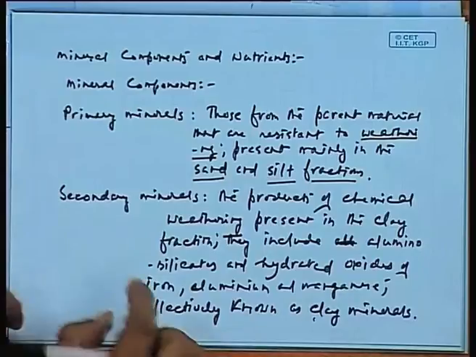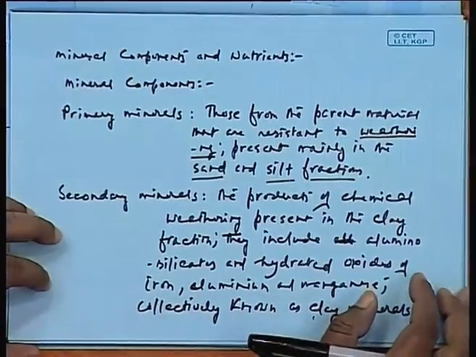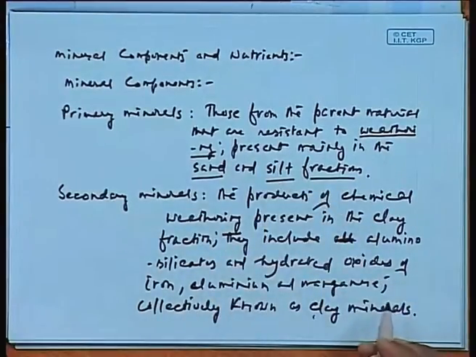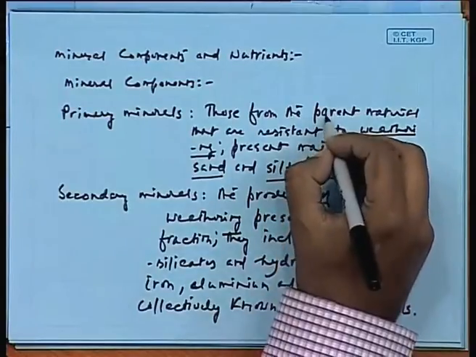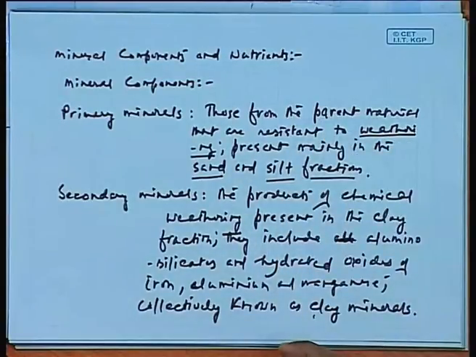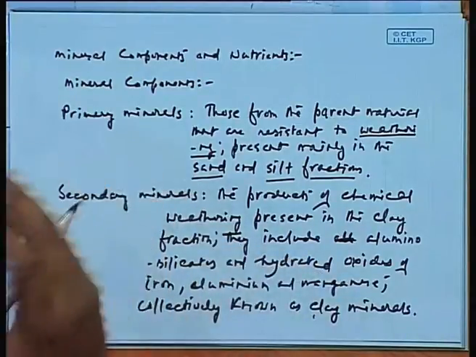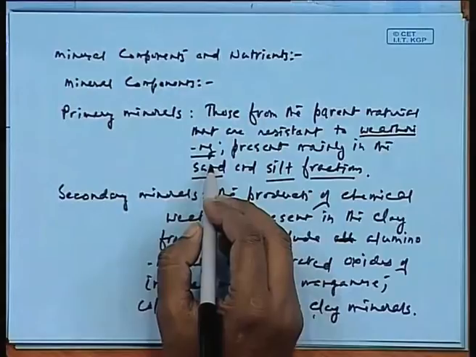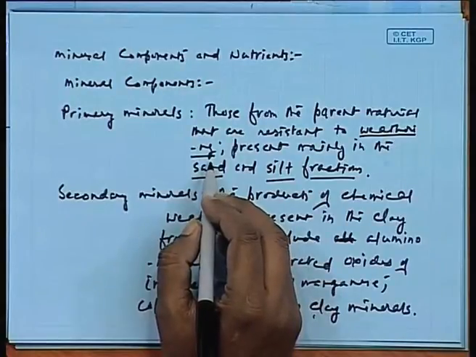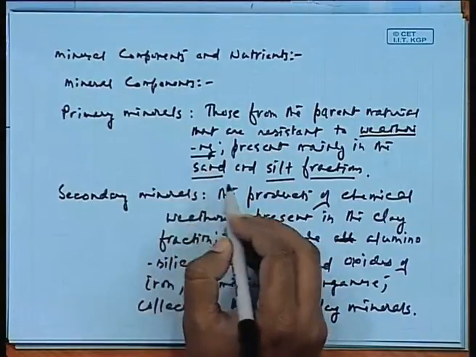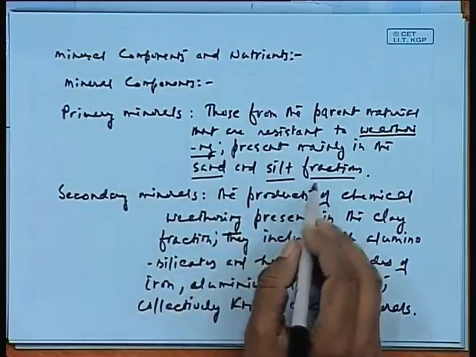So you can see these primary minerals that we discussed are those from the parent material that are resistant to weathering. This is what would remain in the soil after weathering. This is the fraction which would not be soluble, which would not dissolve into water. These would remain as they are in the sand and silt fractions.